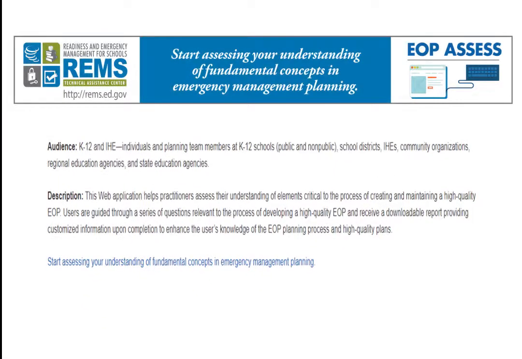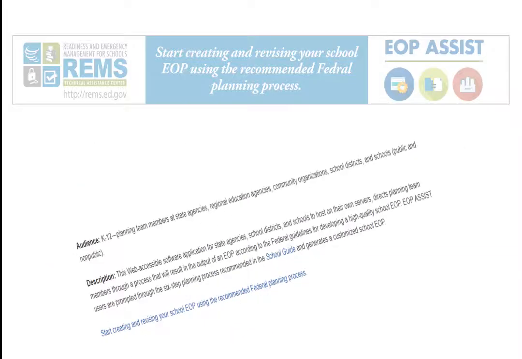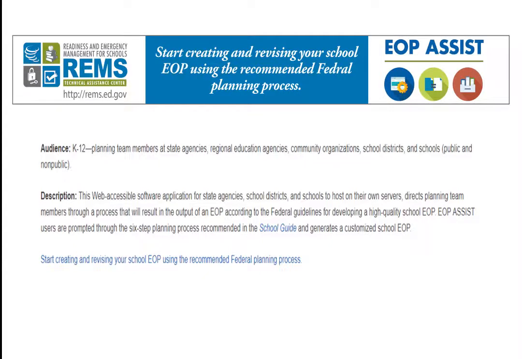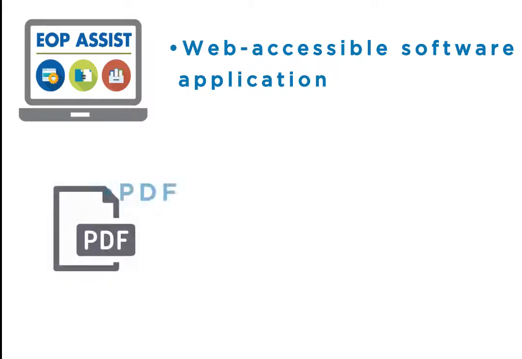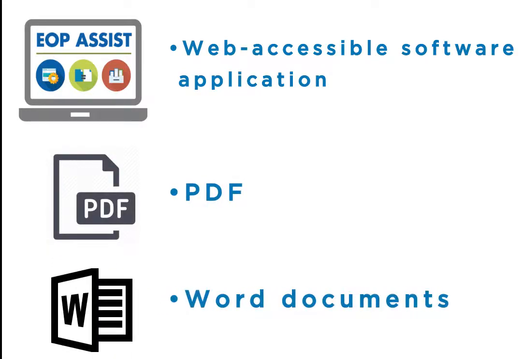EOP Assess can help the planning team members assess their current understanding of how to create a high-quality EOP. And EOP Assist directs planning team members through a process that will result in the output of an EOP according to the federal guidelines for developing a high-quality school EOP. This tool is available as a web-accessible software application or as an offline tool consisting of PDF and Word documents.